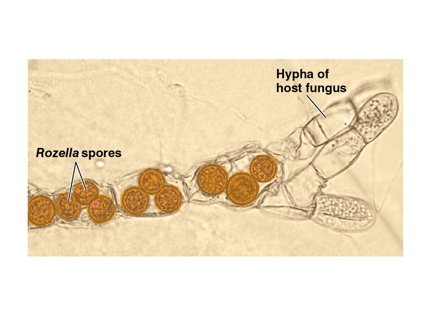You can see an example of one here, the Rozella species. There are many different species of Rozella. However, in this particular example, you can see the spores have been generated in a host fungus. So this one is particularly parasitizing a fungus. Members of the Cryptomycetes group are unicellular.